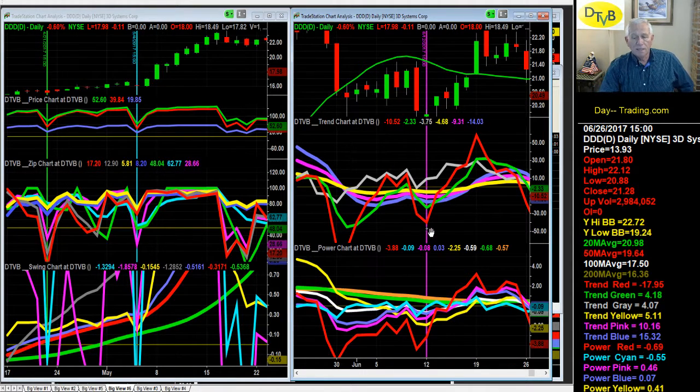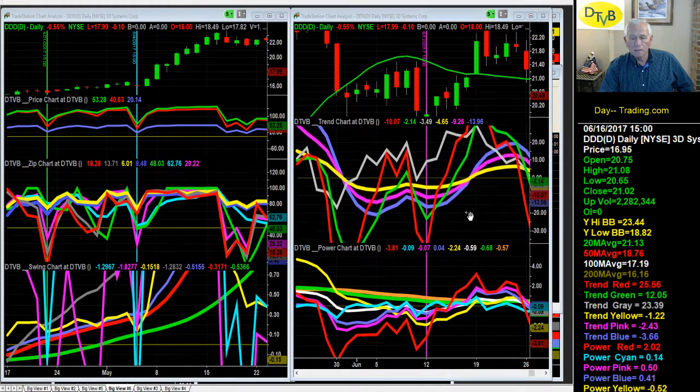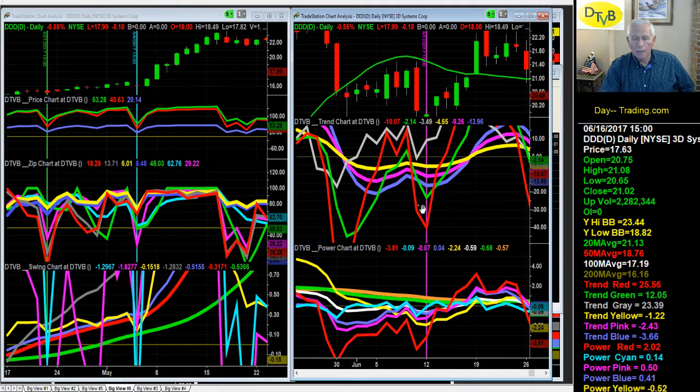Both of these indicators on the zip pink line are telling us that the next day will be up. In some cases, and this is why I wanted to identify this, sometimes we'll get trend red to drop under zero, and in this case here, which we normally don't see, we have the trio underneath zero.